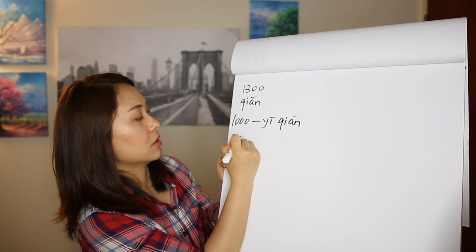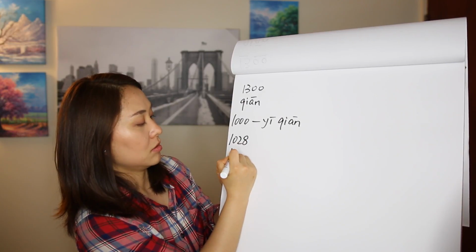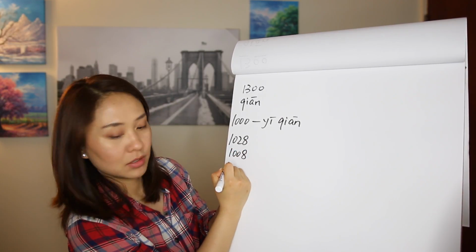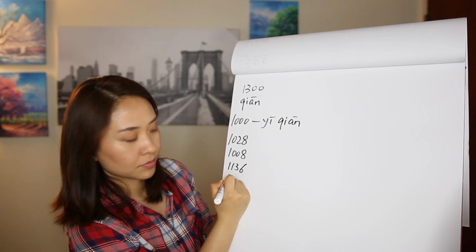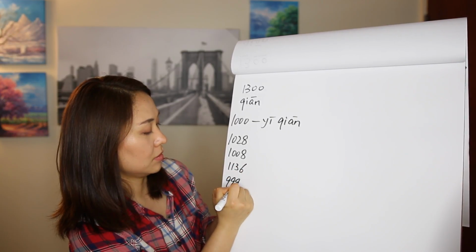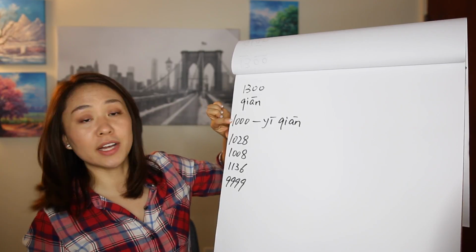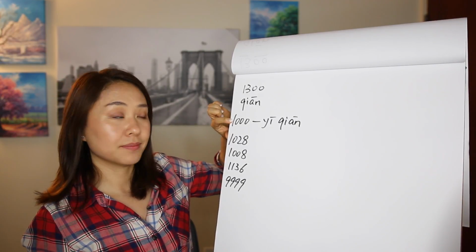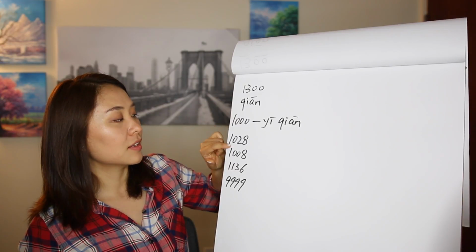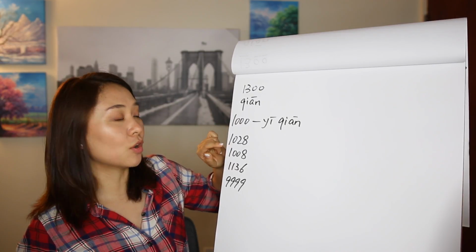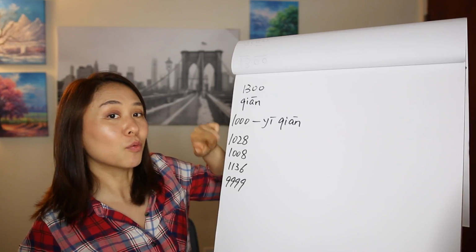So like this, or this, or this, and this. For this one, it's 一千. Very simple. 1,000.